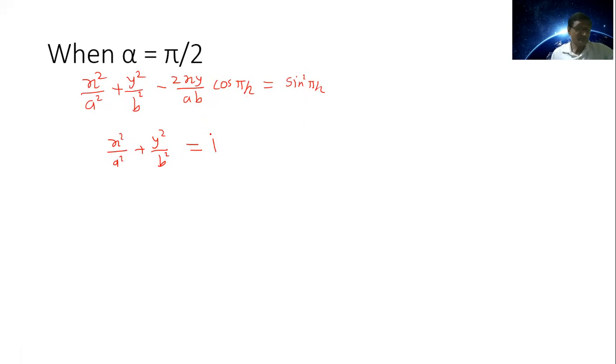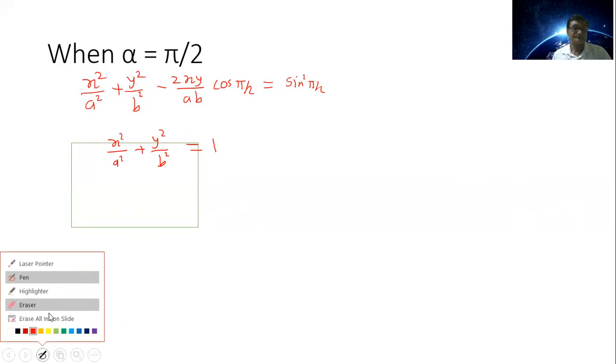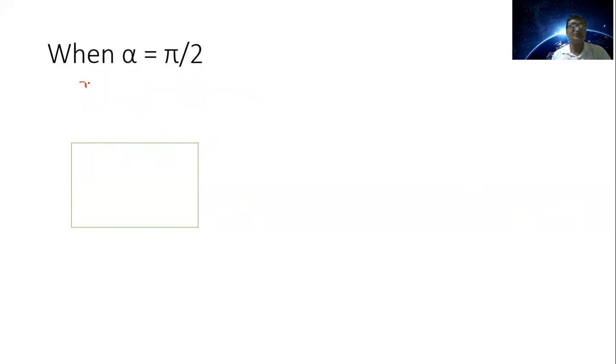Therefore, the particle performs simple harmonic motion. In this case, we get x square upon a square plus y square upon b square is equal to 1. Here, the particle performs simple harmonic motion along the ellipse.